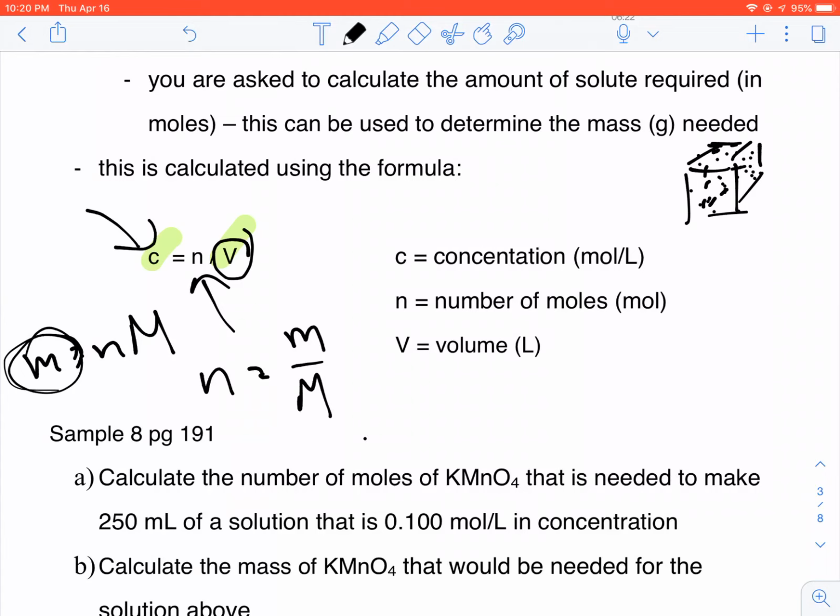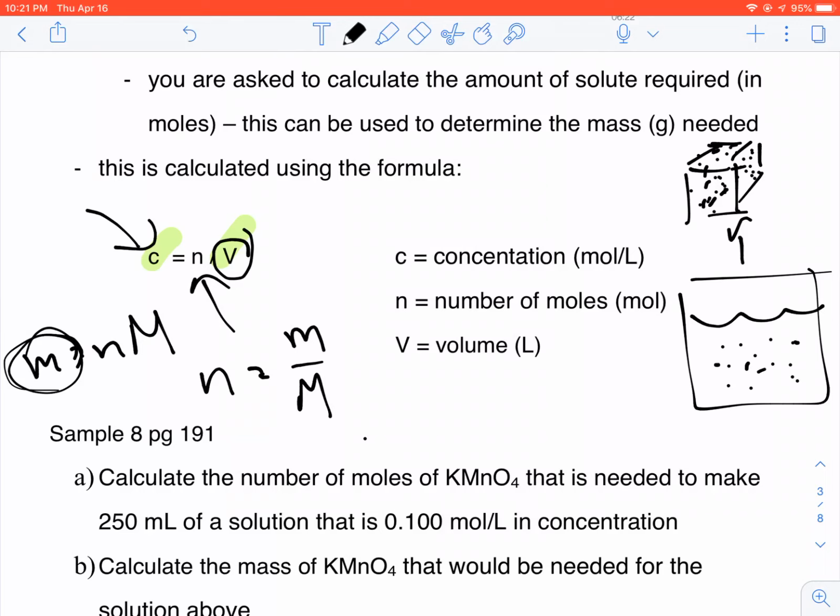All the stuff on the inside is protected from the outside world by what's on the surface. So we know that when I dissolve this in water, all of these molecules get separated and they float around in the water, and they all have the ability to react. So that's the idea here.